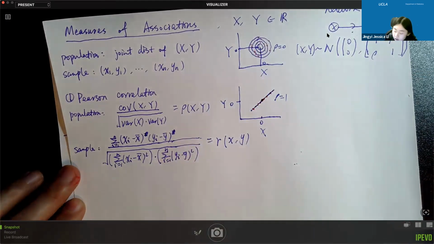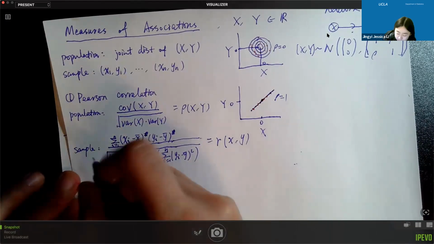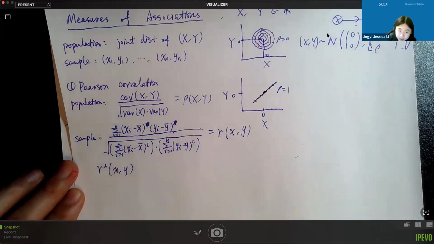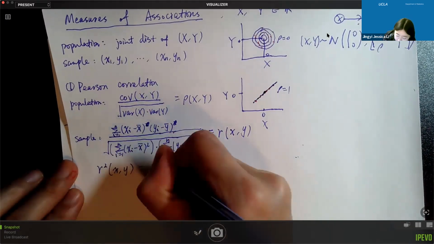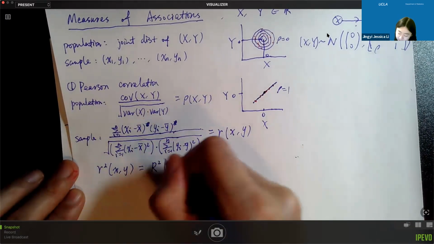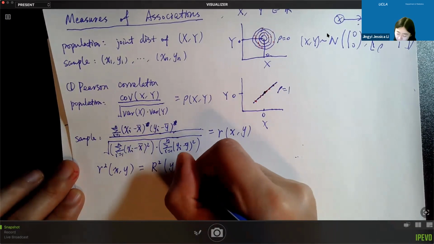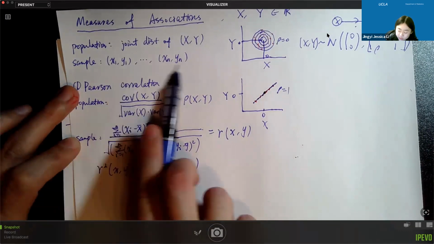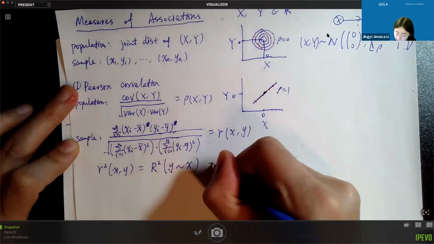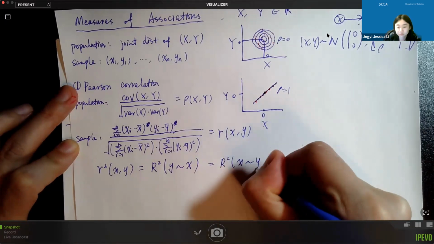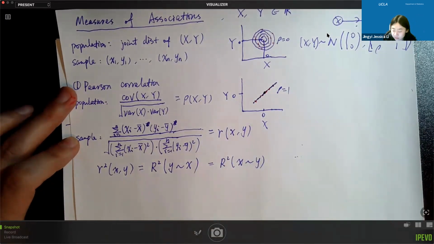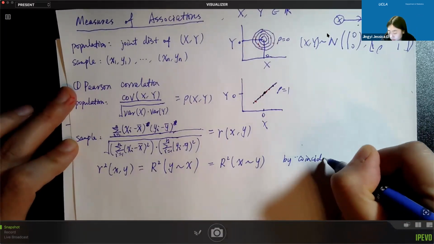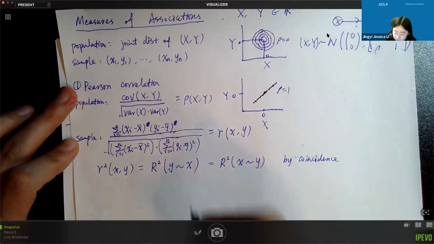Then the square of this sample Pearson correlation, I call that R squared, lowercase x, lowercase y, happens to be the R squared of regressing, linear regression of y on x. So using x1 to xn as predictor, y1 to yn as response, it is also equal to the R squared of x regressed on y. That's very interesting. This is by coincidence. Even though we know the least square regression, so this is the least square.